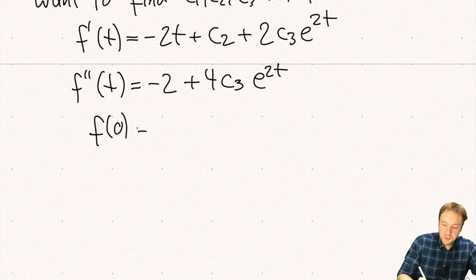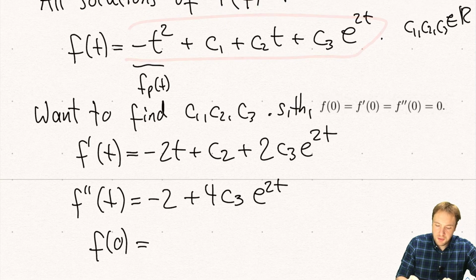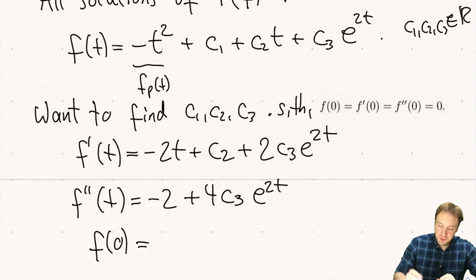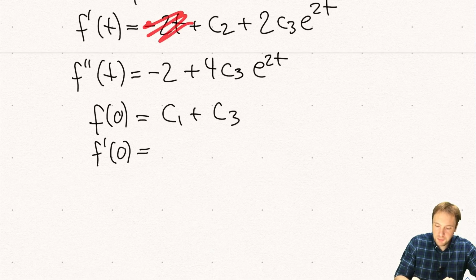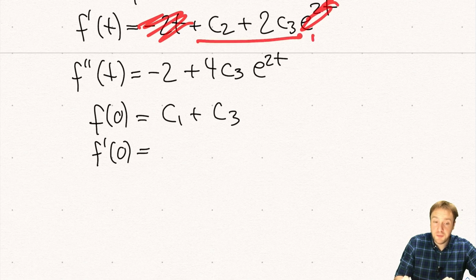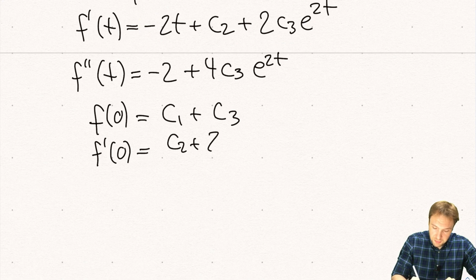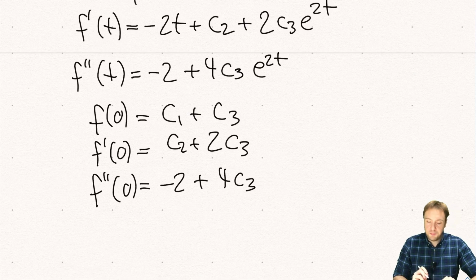So f of 0 equals, well, we need to plug in 0 here. So this is 0, this is 0, and this is 1. So we just have c1 plus c3. For f prime of 0, we just have c2 plus 2 c3. And f double prime of 0 is minus 2 plus 4 c3.